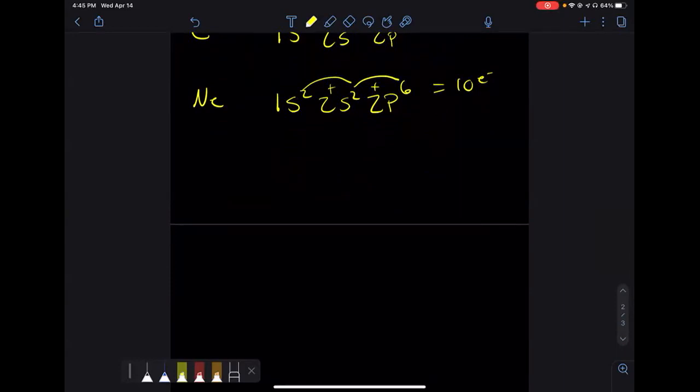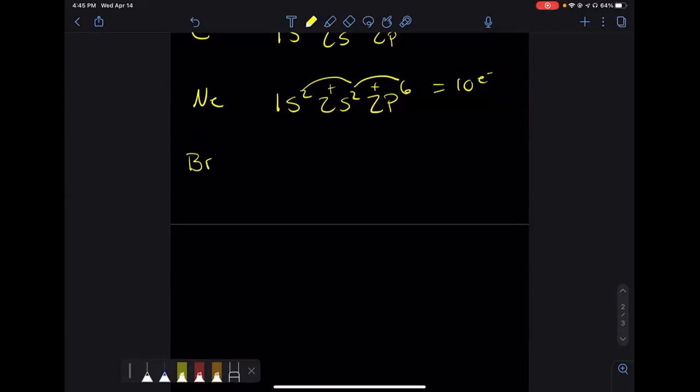So for now, we're going to do one that's a little bit longer. Let's do Br, or bromine. So bromine, how many total electrons does bromine have? Bromine has 35 electrons. You know that because on the periodic table, the little number above it is 35.